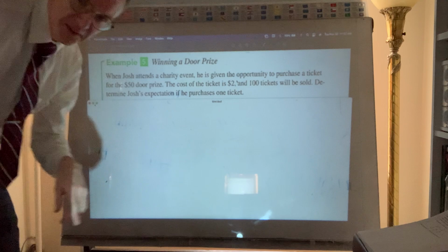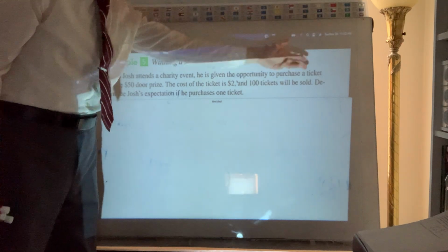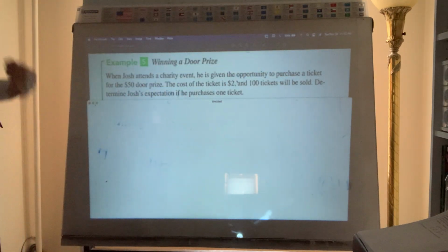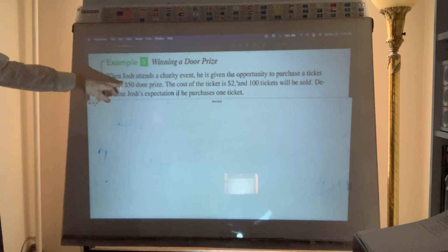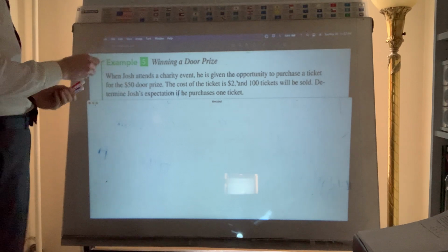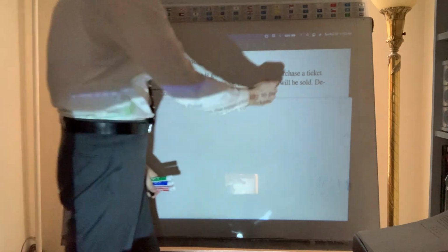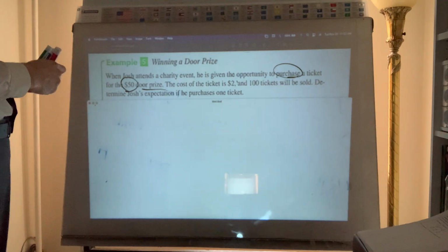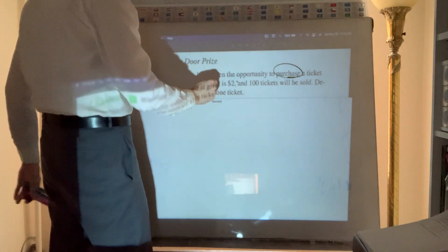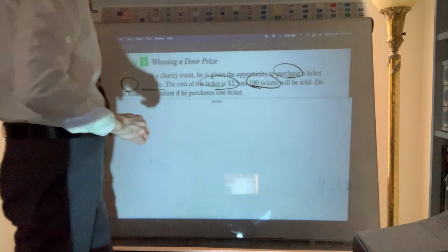You could buy one, instead of having it handed to you. It's still a raffle if it's a ticket, right? It doesn't involve any lottery numbers. To purchase a ticket for a $50 door prize, it's almost the same situation. It's still $50 as the prize, but in this case, it's going to be purchased. The cost of a ticket is $2, and there are again 100 tickets to be sold.